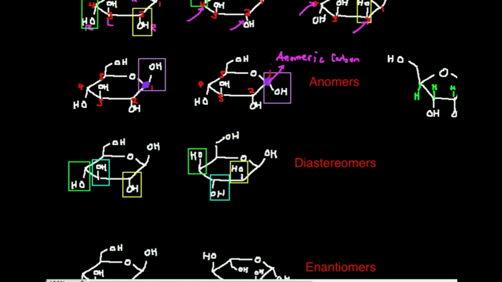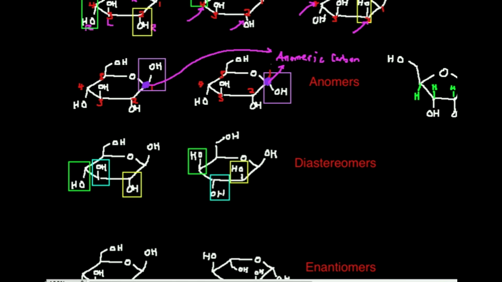We're not going to do that here. But suffice it to say, this carbon has some chemistry that goes on, and it's given the name anomeric carbon. Because you can flip the stereochemistry at that position, the anomeric carbon, they're given the name anomers. So an anomer is an epimer, but the stipulation is the stereochemistry can only be flipped at that position, and that would qualify it as an anomer.